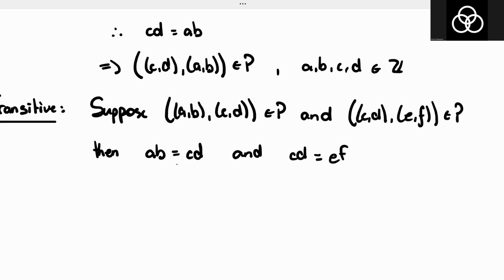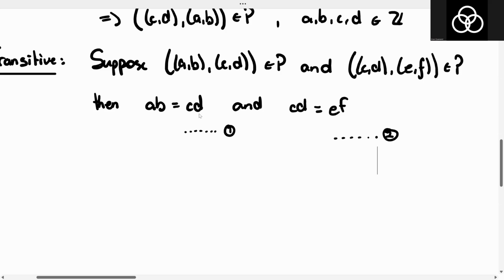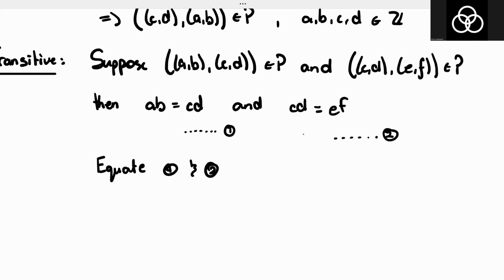Right. So we can consider this like equation one, and this one like equation two. And both of these equations are actually defined in terms of cd. So we could equate 1 and 2, and that gives us ab is equal to cd, which is equal to ef.